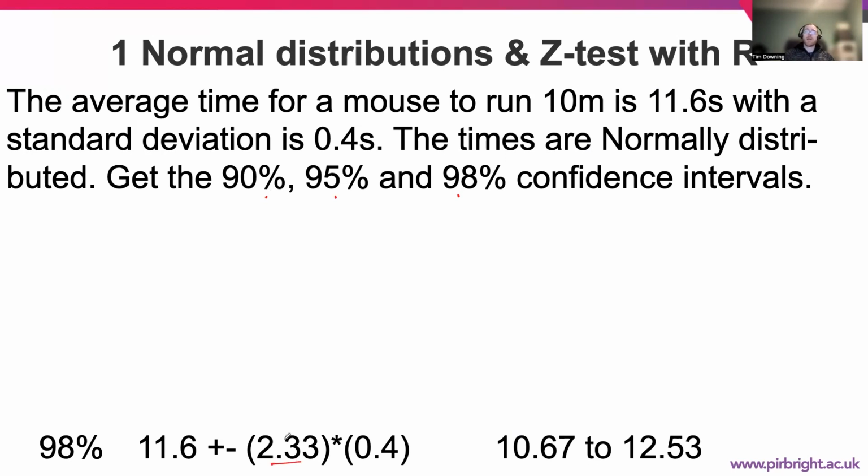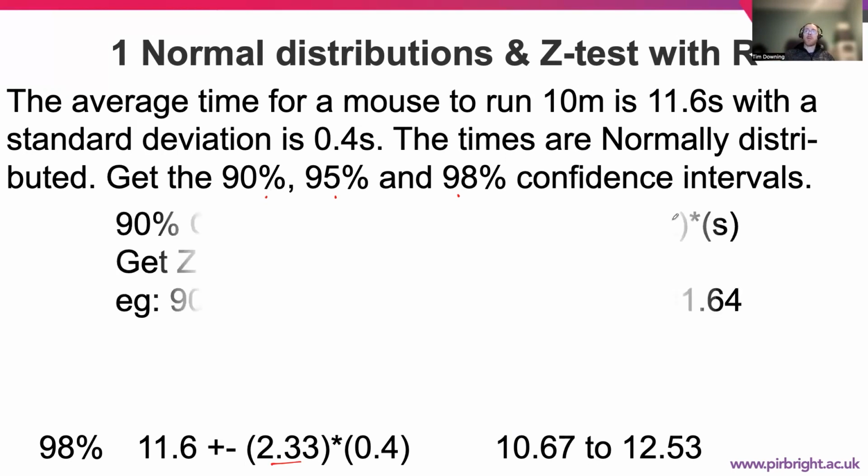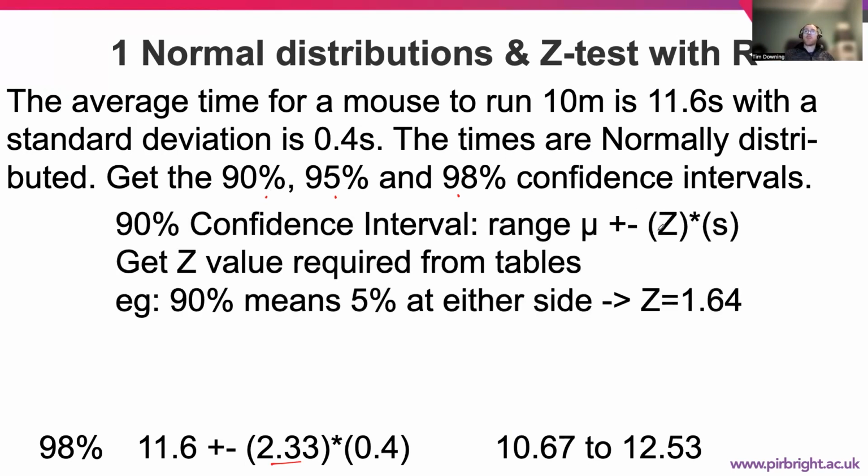The Z value we need is roughly 2.33. And what's important to note is that we need to have this formula here: mu, our value, plus or minus Z multiplied by the standard deviation. So we know that for the 90% confidence interval, that's our distribution here.